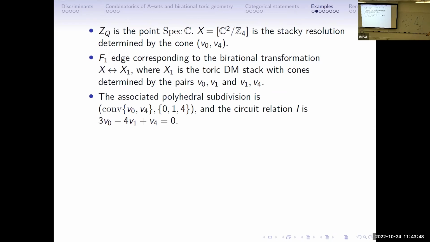There is a circuit relation, something like 3V0 minus 4V1 plus V4 equals 0. As I said, to each circuit you can associate this gadget, the local discriminant associated with the circuit. That's familiar from the cubic. Well, it's not quite it, but it looks familiar from the cubic story.